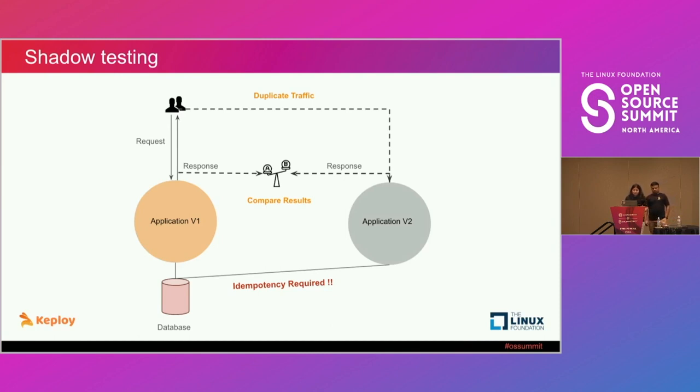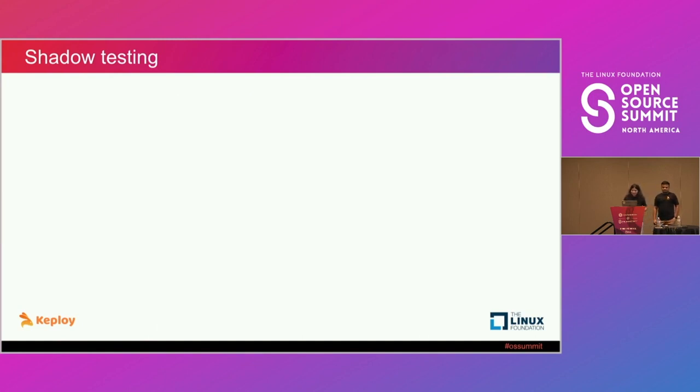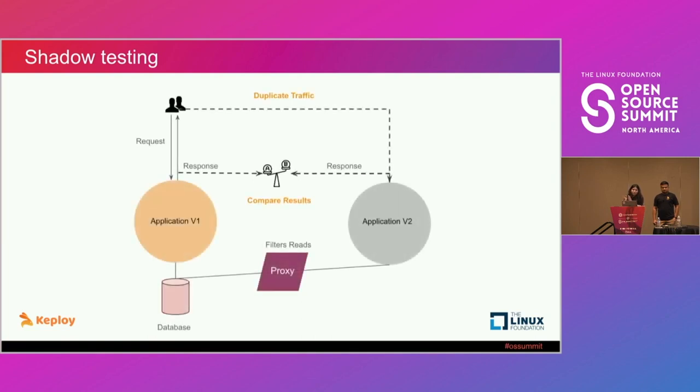It means that if you're doing one operation multiple times, your application behavior does not change, and it responds with the same initial behavior. This was okay with that, but our application was not idempotent. We could not guarantee that. We knew that there were going to be side effects. So we moved on to introducing a proxy between it that filters the read APIs.